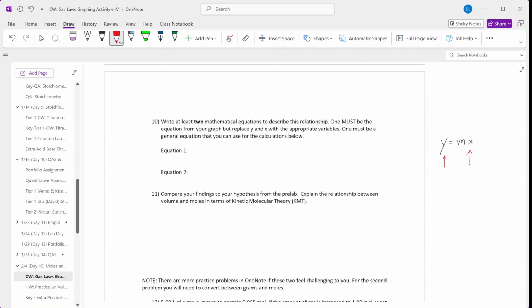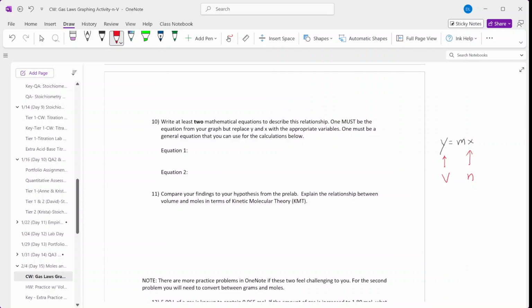That's what we plotted along the x-axis, and the y was the volume. And so we can rewrite this equation. If we insert proper variables, we can write y as V, and our x can be number of particles, and in this case, we're going to give it the variable n, corresponding to number of moles. I know that you didn't plot moles of particles, but it's identical to what you did.